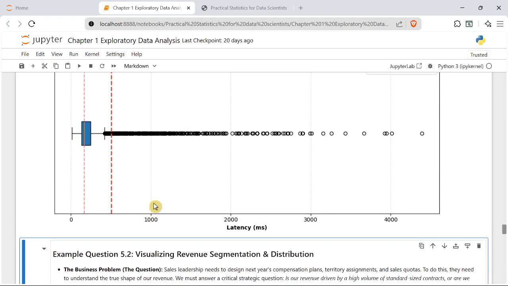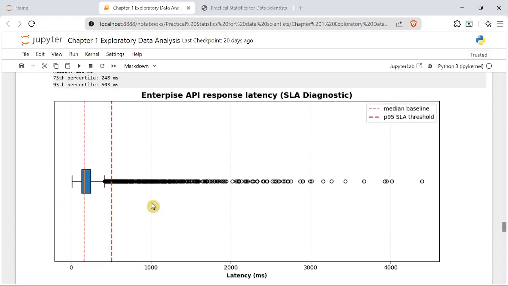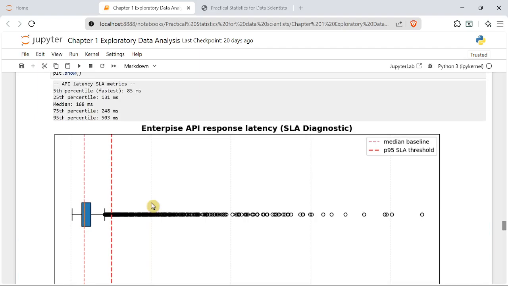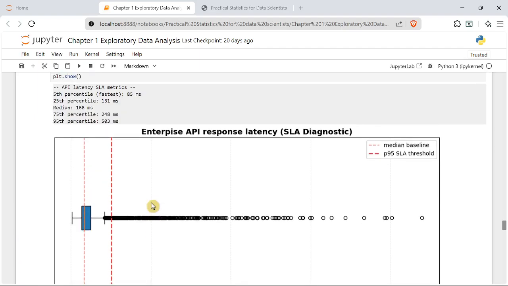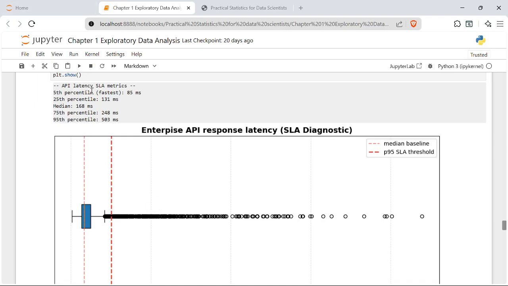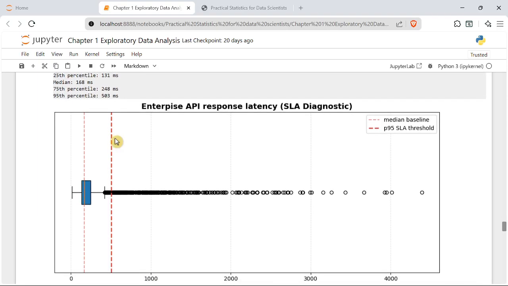So when we evaluate our API latency SLA metrics, the fifth percentile is 85 milliseconds, the 25th percentile is 131, and similarly the median, 75th percentile and 95th percentile.